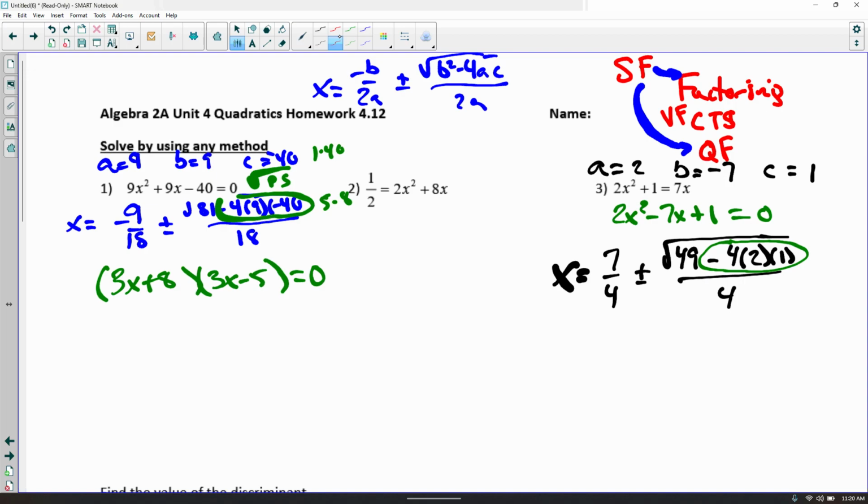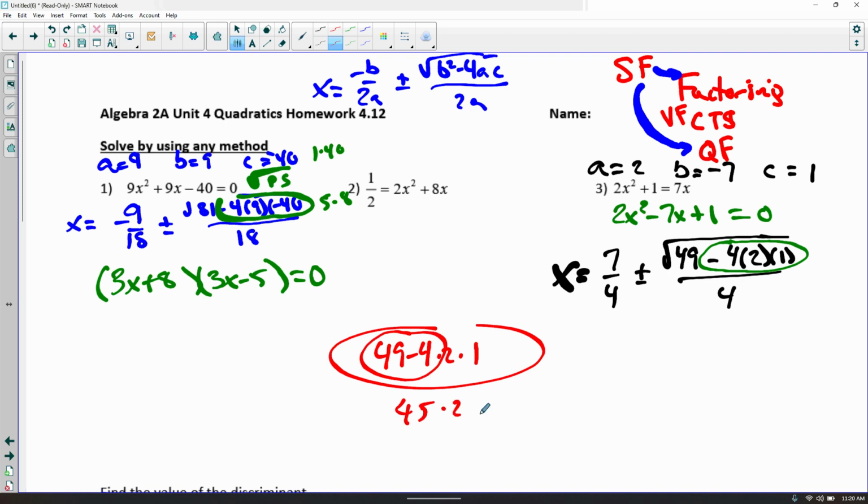If I put a string of numbers together, 49 minus 4 times 2 times 1, I will get all sorts of weird answers. Some people will subtract first, make that 45 times 2, and get 90 underneath. Order of operations says you must multiply before you add and subtract. Now, if there's a negative in here, it really messes them up, because then they start subtracting instead of multiplying by a negative 1.